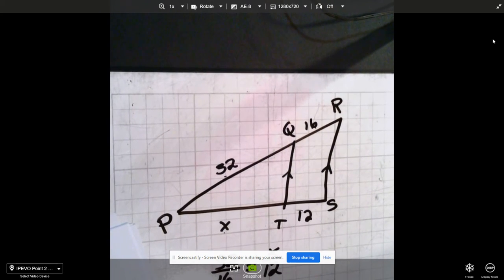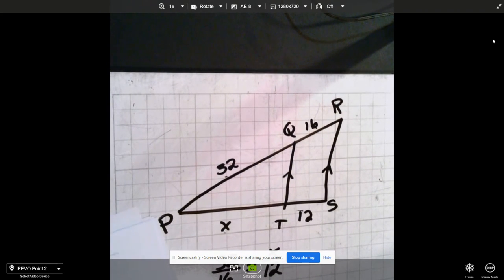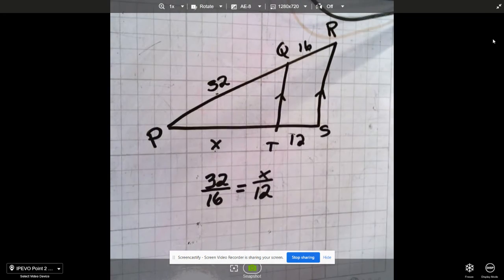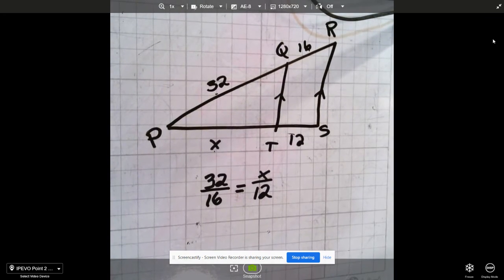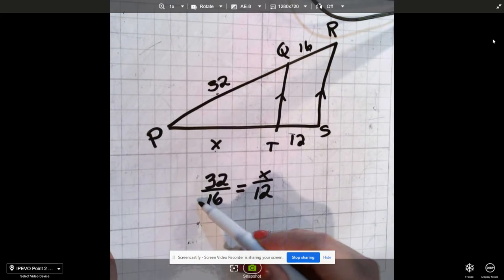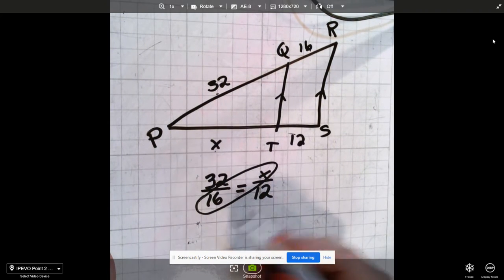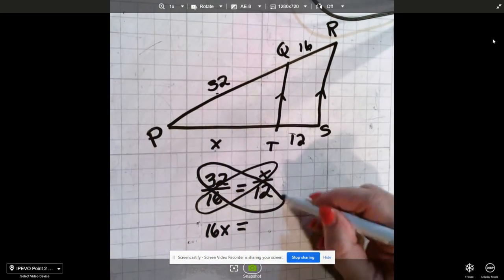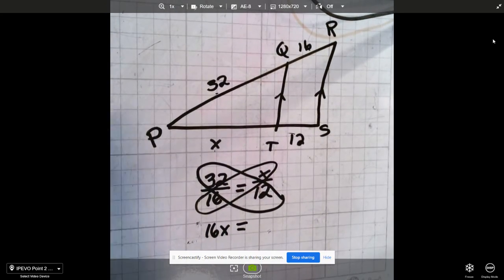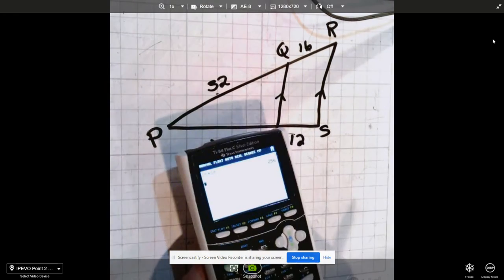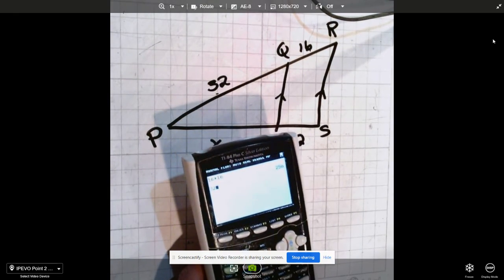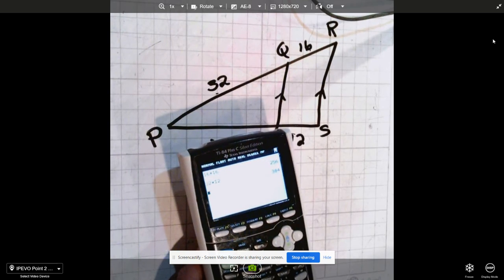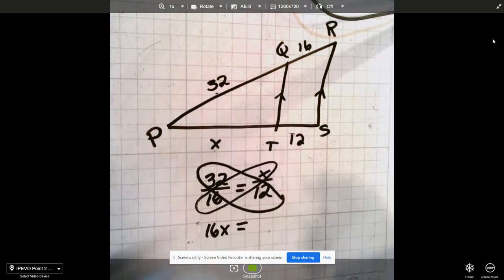Now, this will allow you to solve this ratio. You can cross multiply: 16X equals 32 times 12. So you're just going to take your calculator and say 32 times 12 will be 384.